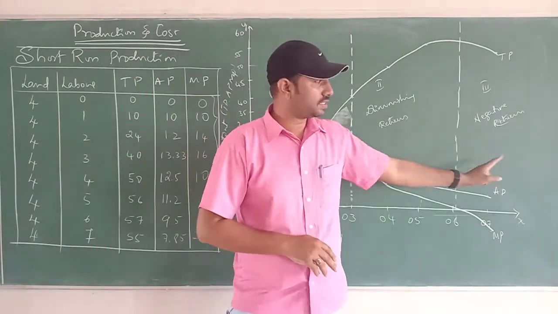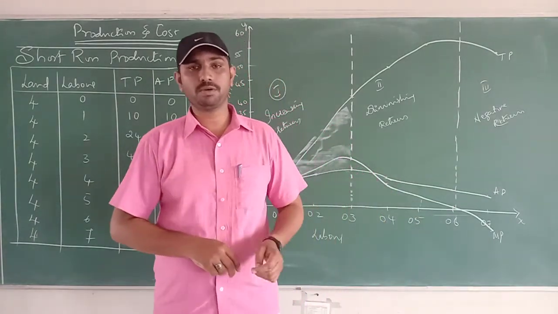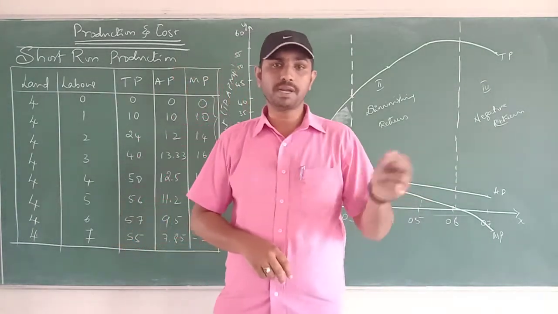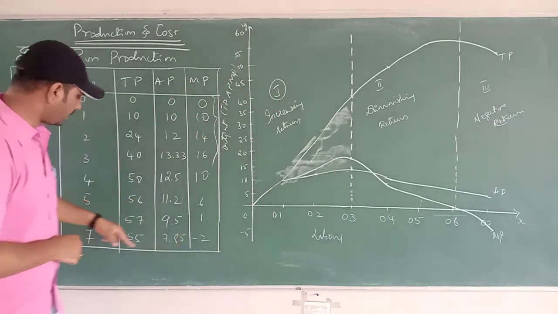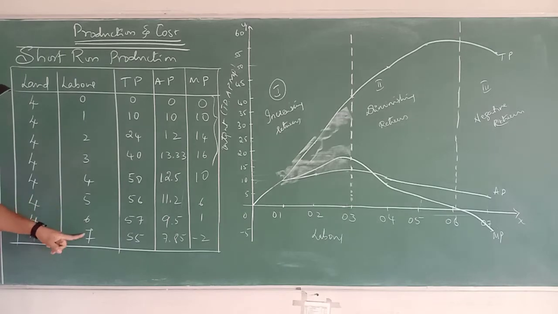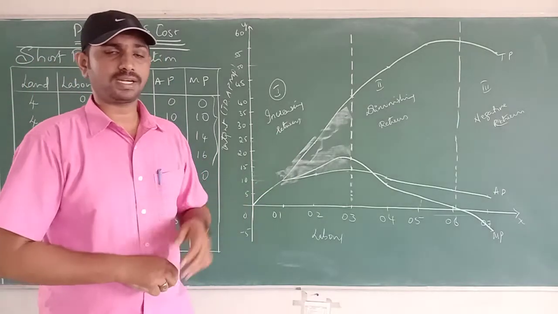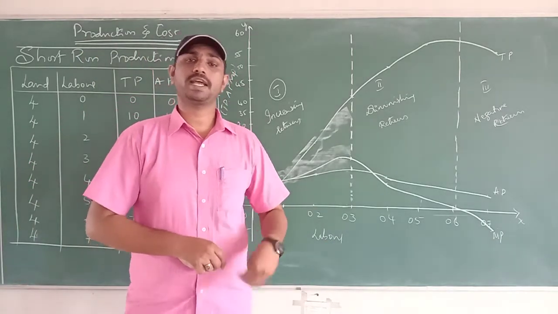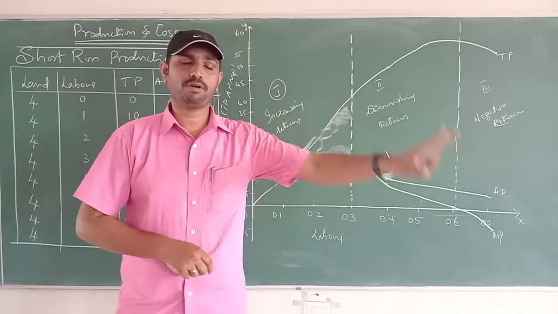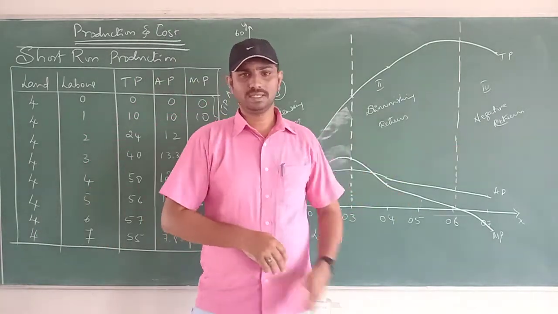When it comes to the third stage, which we call negative returns, the additional labor we are employing at every stage, like from the 6th, 7th and so on, even though TP is positive, the additional quantity of output from an extra input falls into the negative zone. That is what is called negative returns.